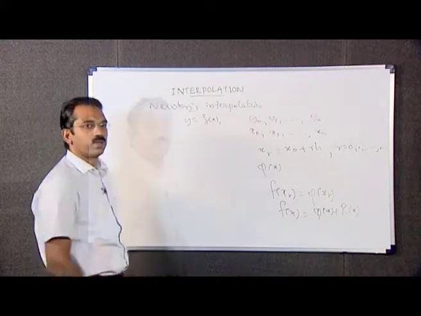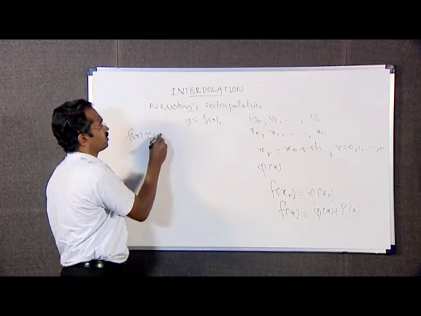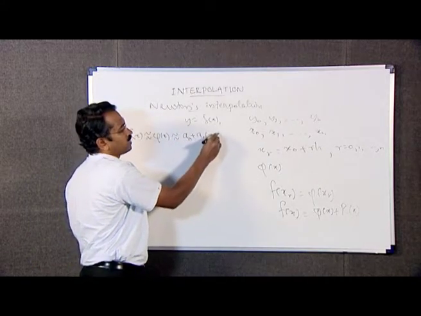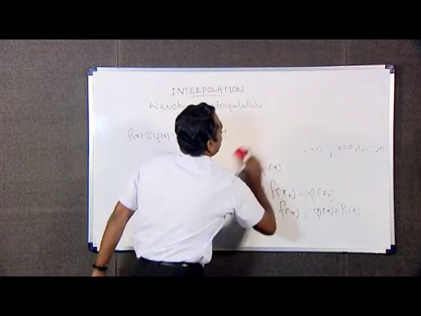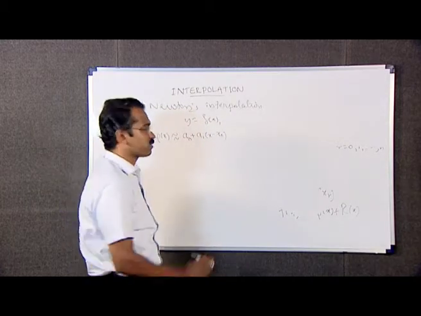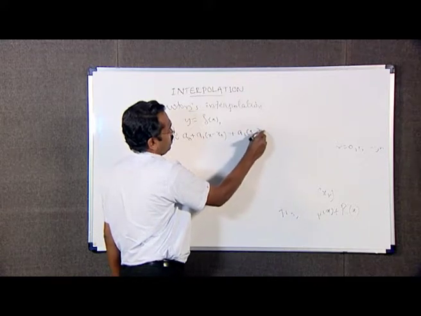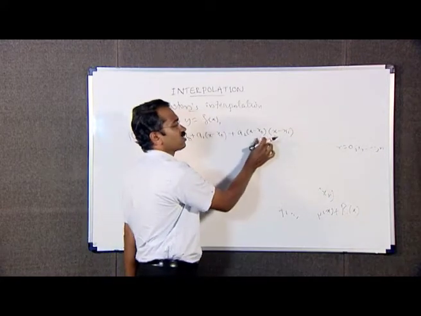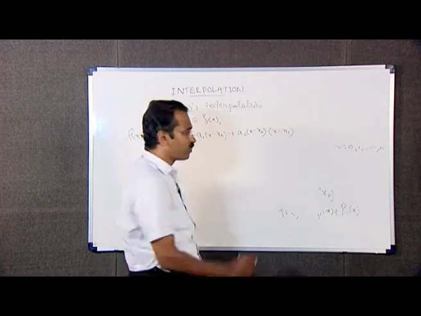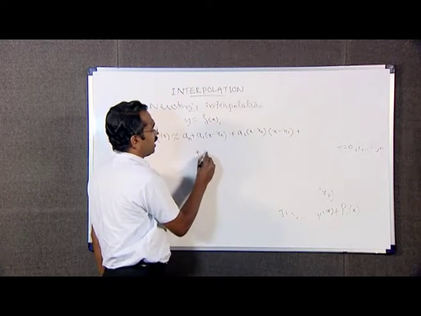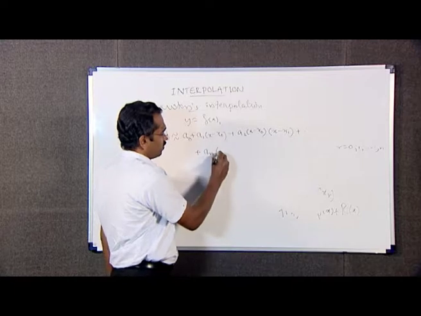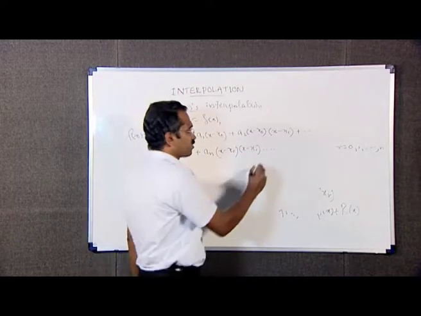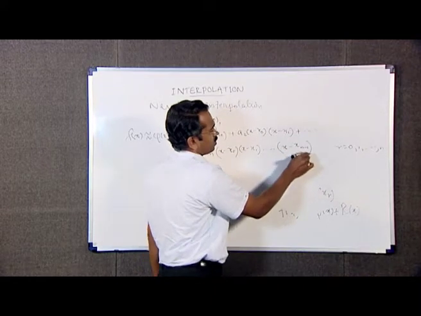Ignoring the error term, f of x is approximately equal to phi of x, which is equal to a naught plus a1 into x minus x naught plus a2 into x minus x naught into x minus x1 plus a3 into x minus x naught into x minus x1 into x minus x2 plus etc., in general plus an into x minus x naught into x minus x1 into etc. x minus xn minus 1.